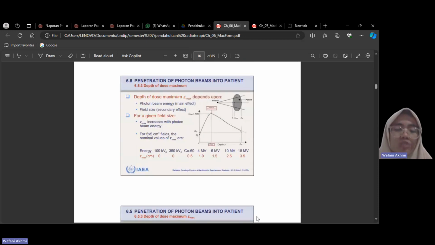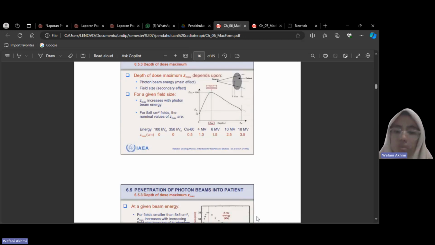The depth of dose maximum Zmax depends upon photon beam energy and field size. For a given field size, Zmax increases with photon beam energy.